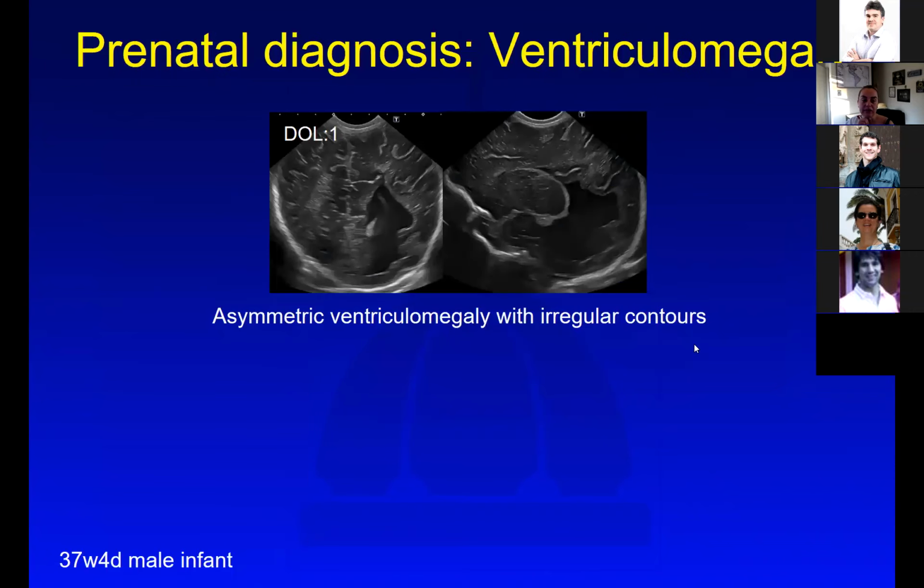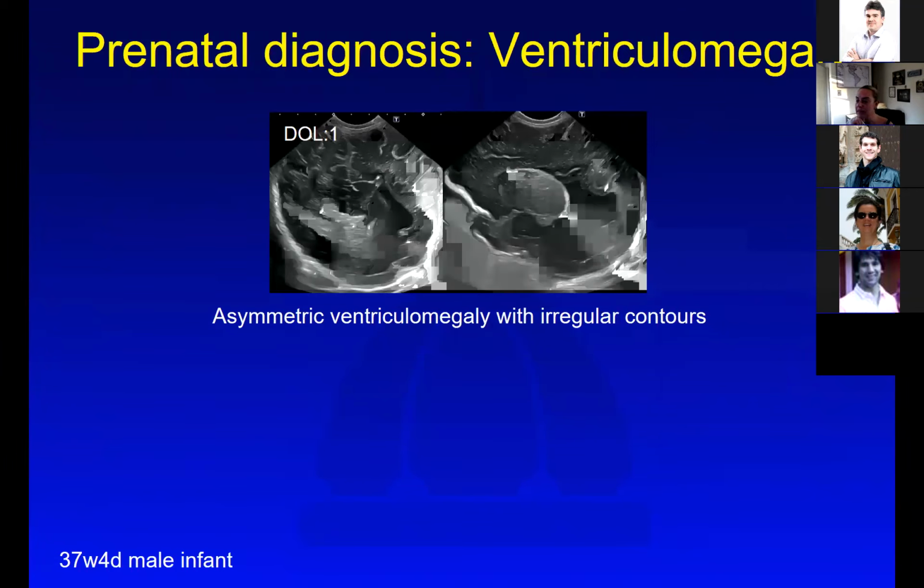This is another infant, term infant, and they had prenatal diagnosis of ventriculomegaly. Baby was born, and the first thing that was asked by our NICU team was the head ultrasound. We did the head ultrasound, and clearly you can easily see asymmetric left ventriculomegaly.